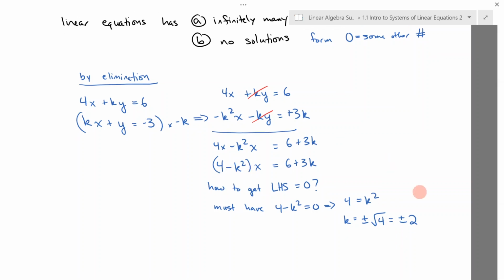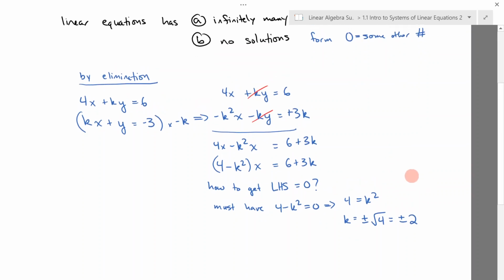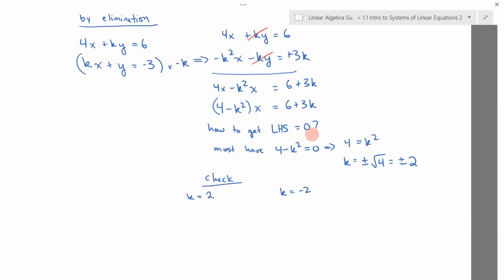But that doesn't mean that both of them are the solution, right? So we have to go back and check each of them separately. So k equals 2 and k equals negative 2. So what happens when k equals 2?